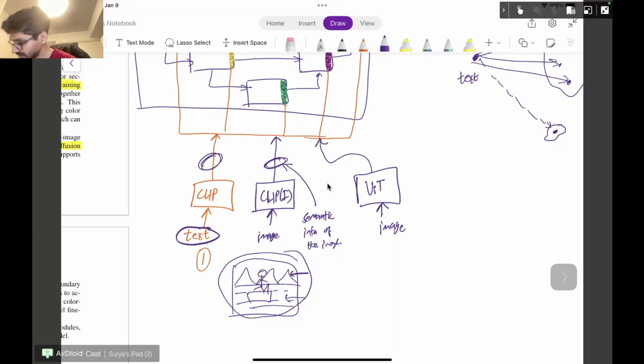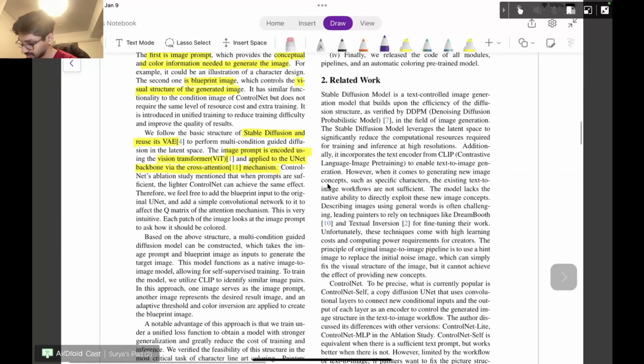So the advantage here is that this is not limited to semantic information. This would encode the color and concept of the original image, but not just the semantic information. And that is what is needed to solve this task. So that's their primary proposal.